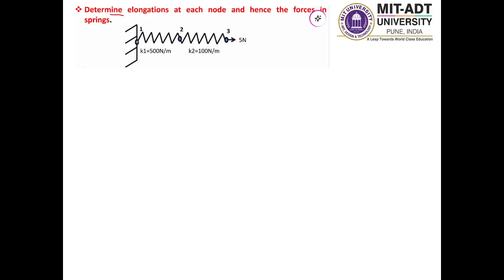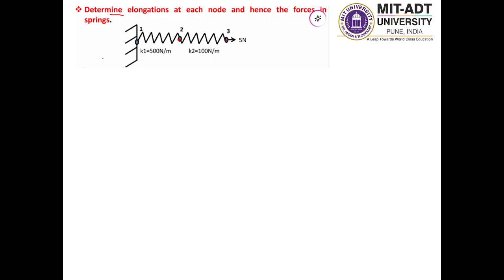And if we talk about nodes, this is node 1, this is node 2, and this is node 3. Here node 1 is entirely fixed, and for node 3 a 5 newton force is applied, heading towards the right along the x direction, right?